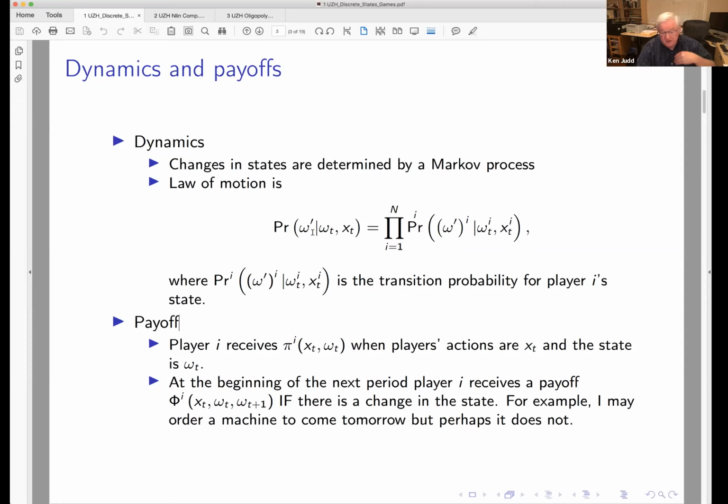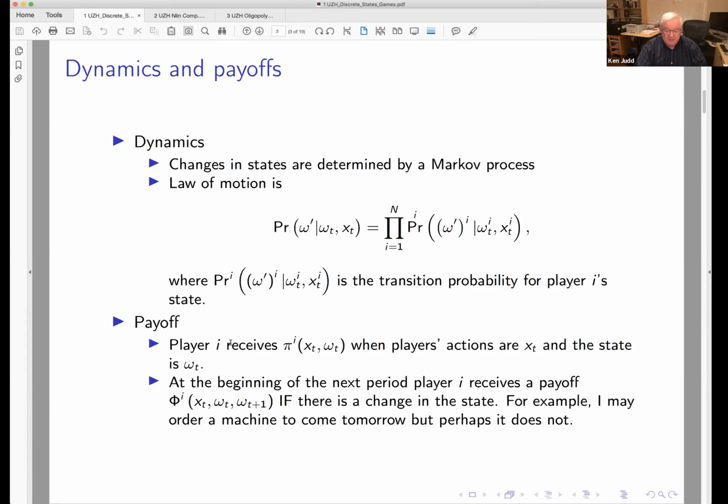So omega prime is where you are tomorrow, conditional on where you are today and the actions taken by the players. So this is just the law of motion, a stochastic law of motion. The probability of being in a particular state tomorrow, omega prime, conditional on where everybody is today and what they do, is denoted by this. This is just simple probability stuff. The notation is uglier than the idea.